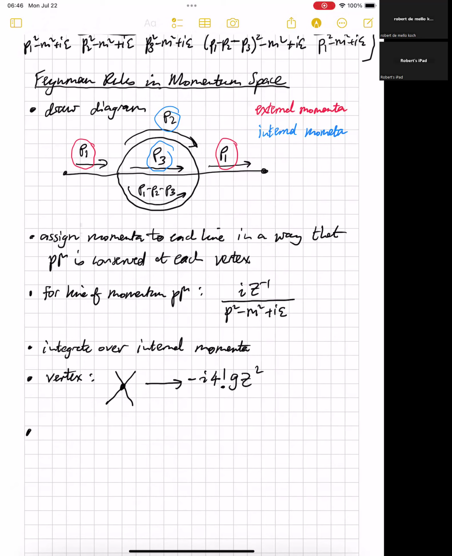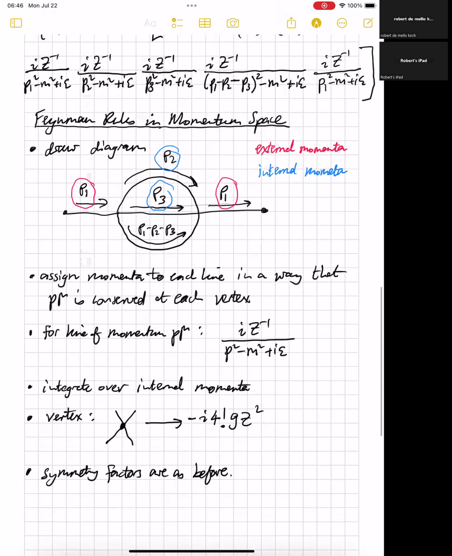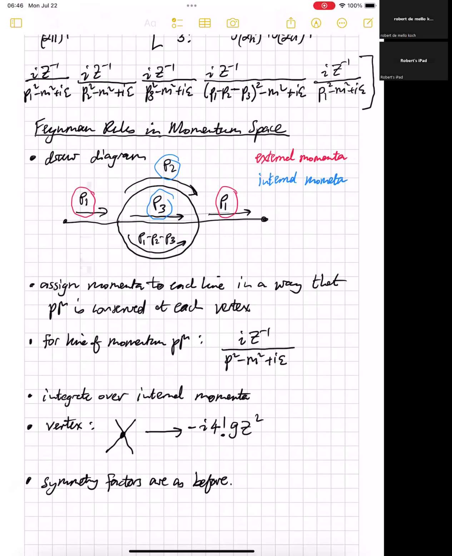And then finally, the symmetry factors are as before: 1/2 for closed lines, 1 over Q factorial for Q equivalent vertices, or for Q equivalent lines, or for Q equivalent diagrams. You calculate those exactly as you have been calculating those previously. And that then gives you the Feynman rules in momentum space.